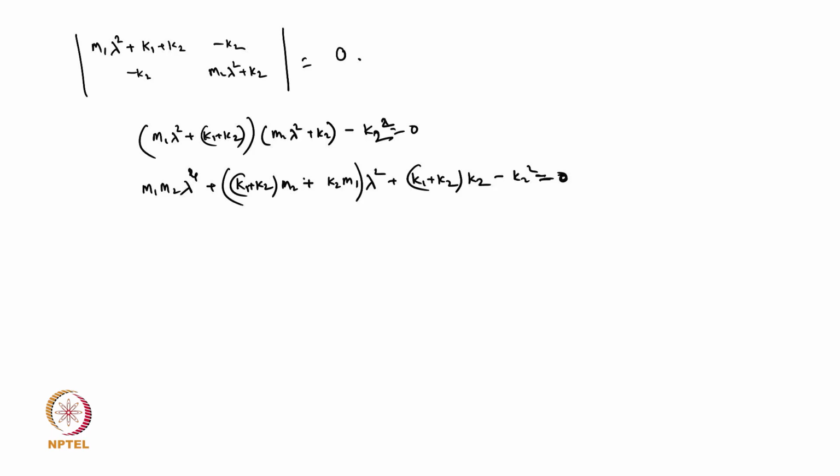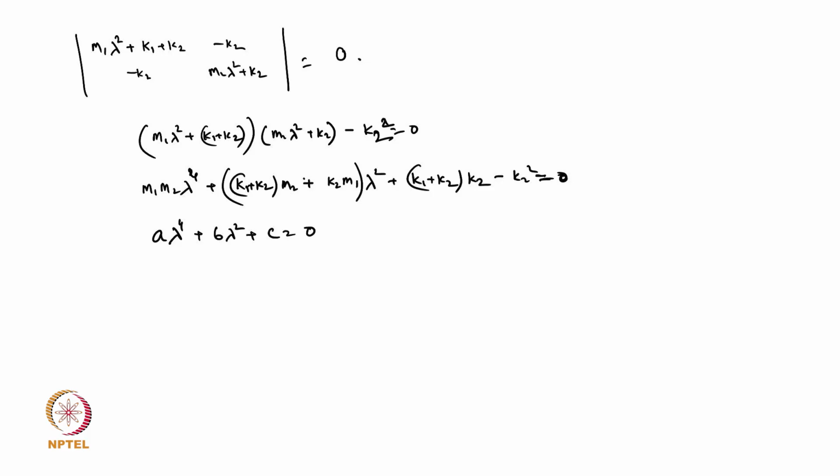Just expand it, nothing else. Multiply all the terms with patience. So I can say a lambda to the power 4 plus b lambda square plus c equals 0. Whatever the terms are, it hardly matters.